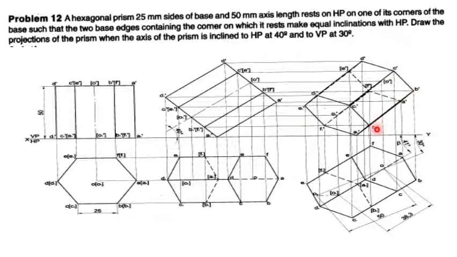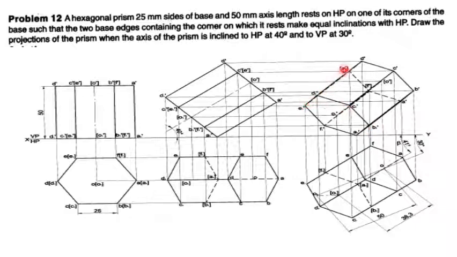Then to know which are the visible edges or visible faces and hidden faces, for this final front view, the observer position is here. So here A1, B1, C1, D1, E1, F1, the base is visible. So make the base visible.